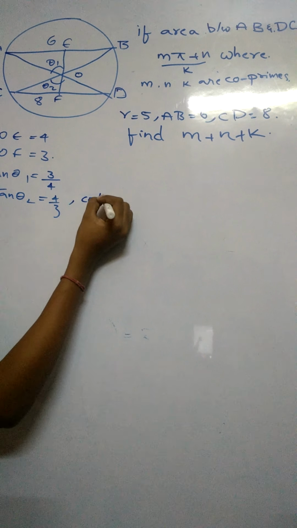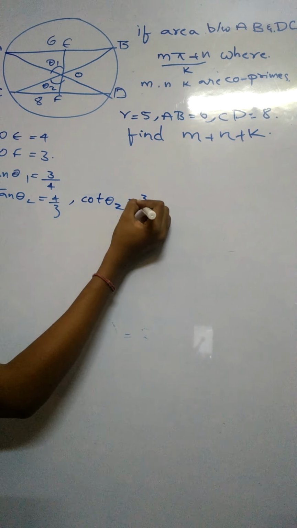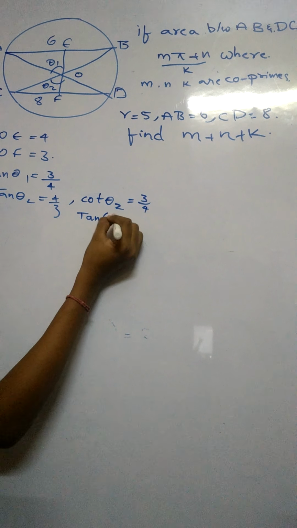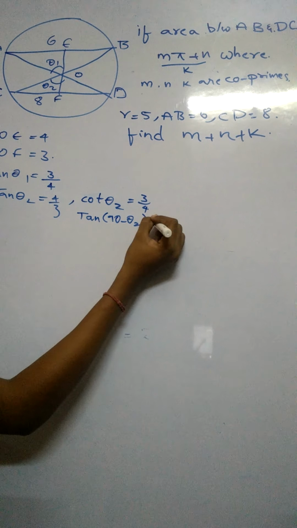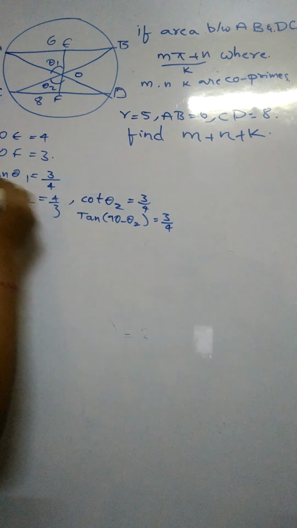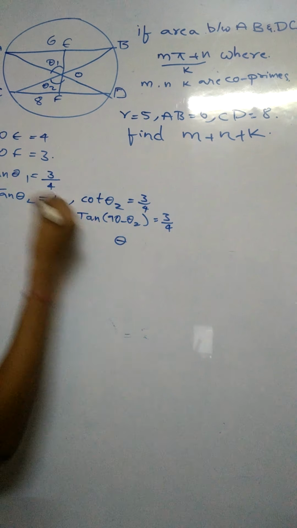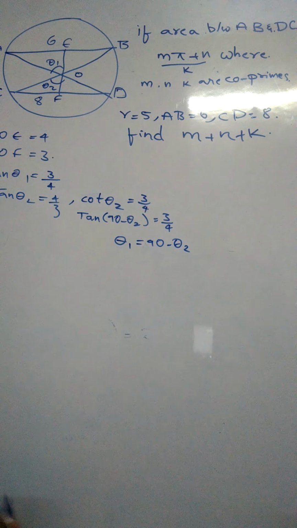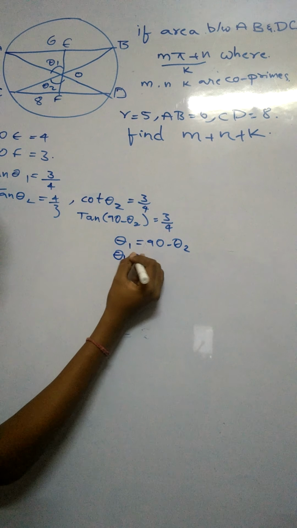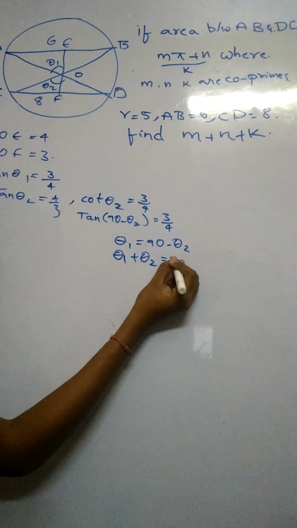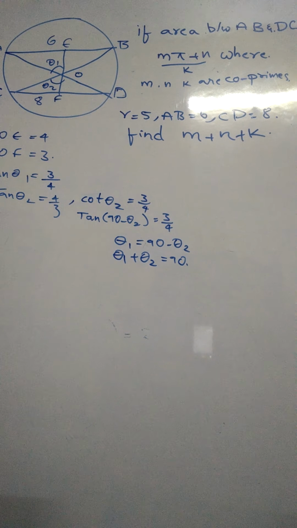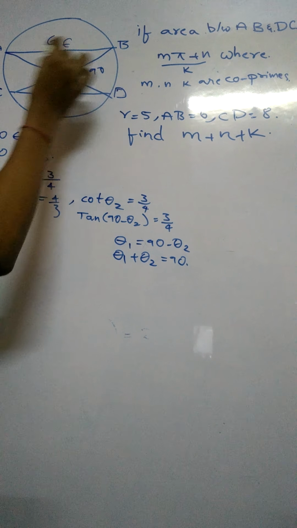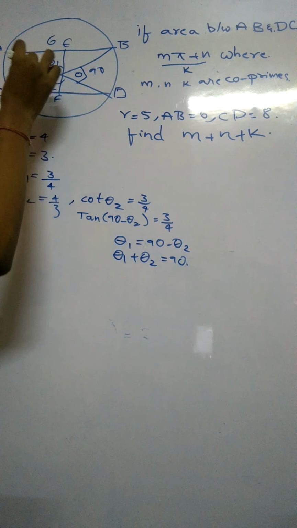Cot theta 2 is equal to 3 by 4. Cot theta 2 is tan of 90 minus theta 2 is equal to 3 by 4. Now theta 1 is equal to 90 minus theta 2. Theta 1 plus theta 2 is equal to 90. Therefore, this angle is 90, this angle is 90.